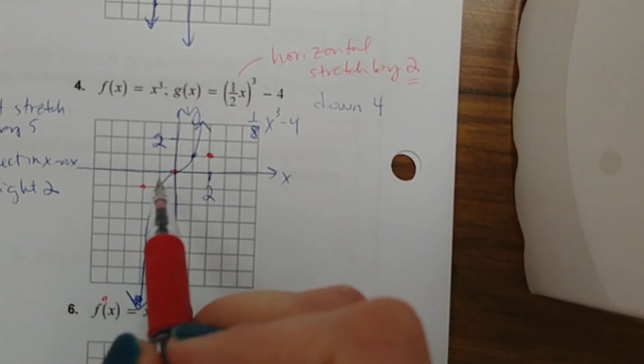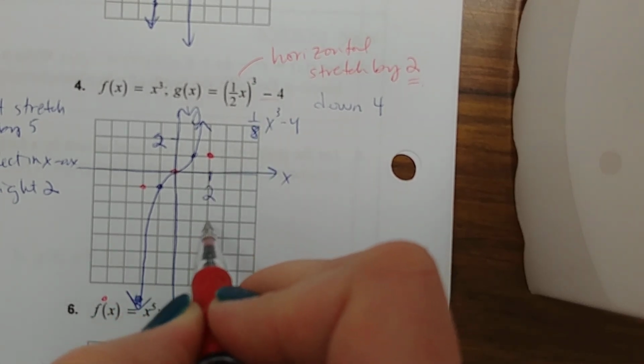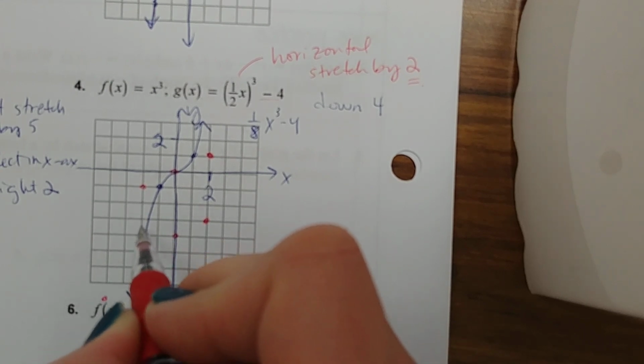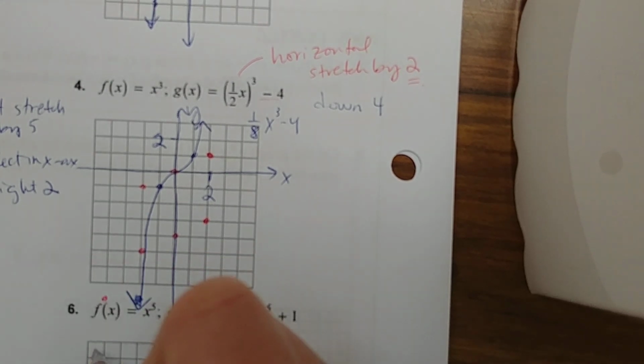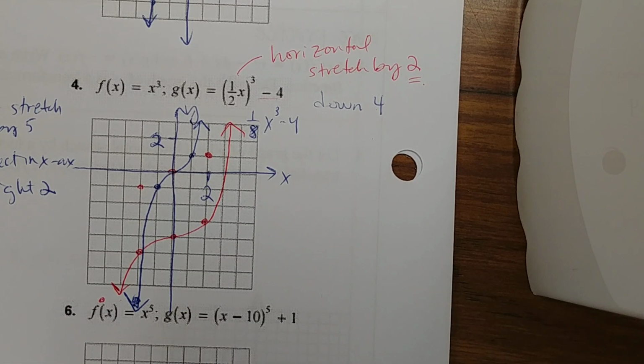But now I need to take each of these points and shift them down 4. So I'm going to go down 1, 2, 3, 4, 1, 2, 3, 4, 1, 2, 3, 4, and this is going to go down 4, which I'm not going to be able to fit. And now when I finish graphing this, this is what my function looks like.